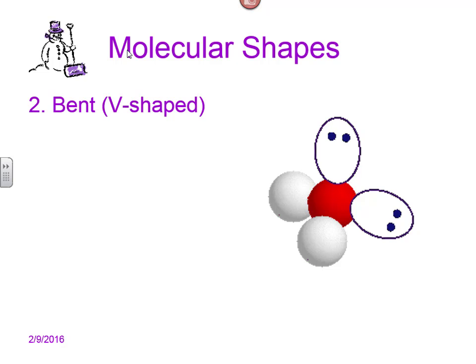Well, if you look at the shape, how many bonds do we have? Two. And then there's got to be a reason that those bonds are at an angle, that they're not linear. Something has to push those bonds down so that they're at an angle. Unshared pairs. If you have unshared pairs on your central atom, and then there's another pair of electrons in the bond, all the electrons have what charge?